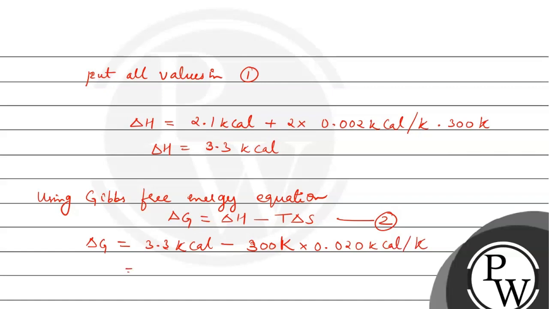So if we solve this, it will come as minus 2.7 kilocalories. So delta G we have calculated, it is minus 2.7 kilocalorie.